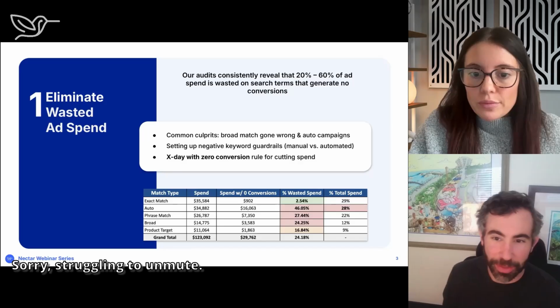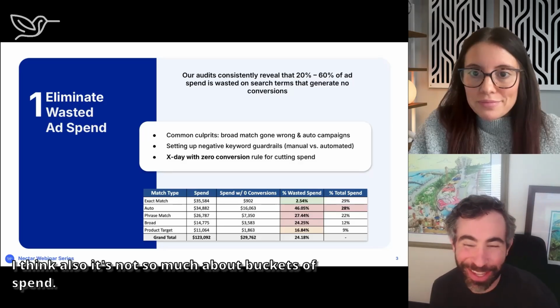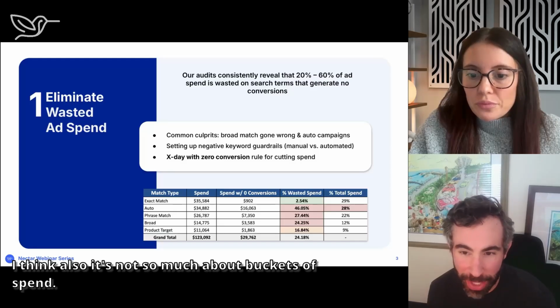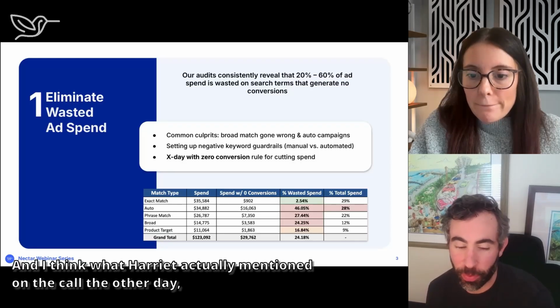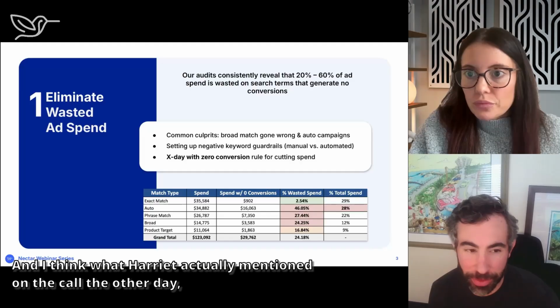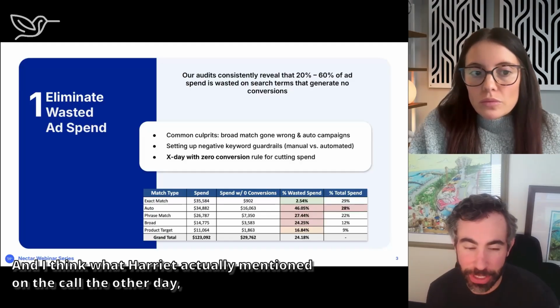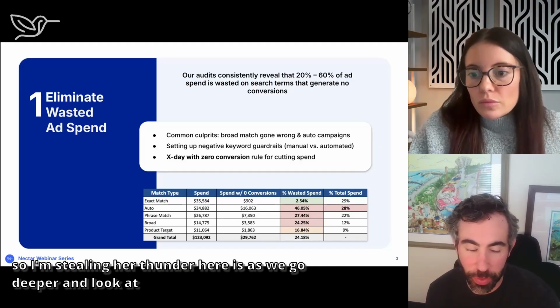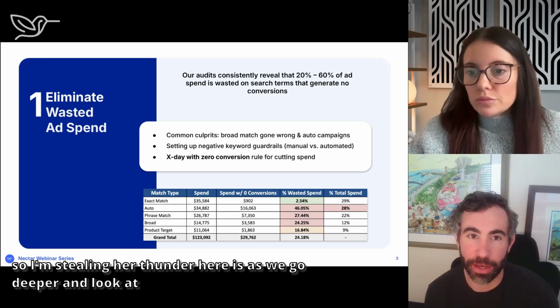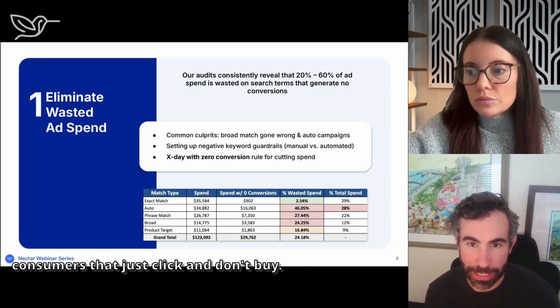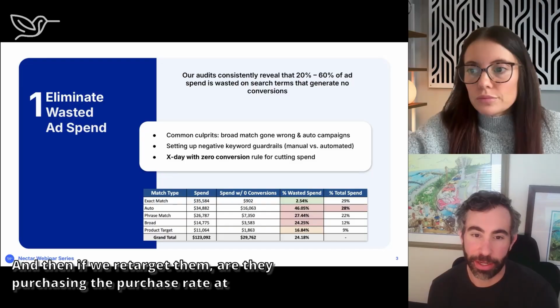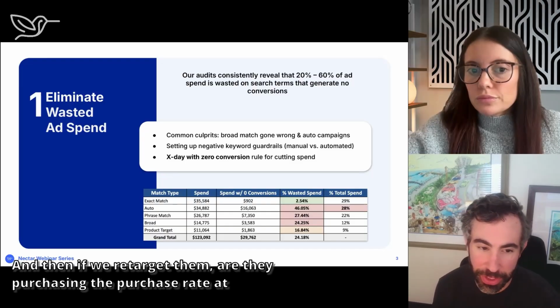Sorry, struggling to unmute. I think also it's not so much about buckets of spend. Something Harriet actually mentioned on a call the other day, so I'm stealing her thunder here, is as we go deeper and look at consumers that just click and don't buy, and then if we retarget them, are they purchasing?